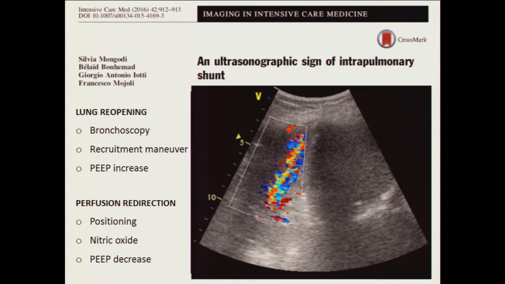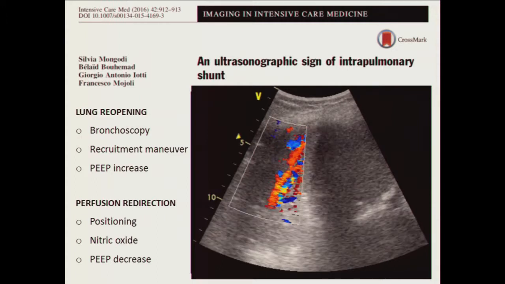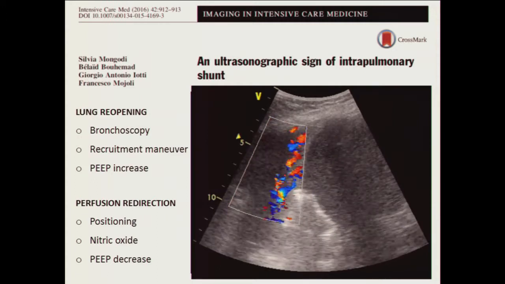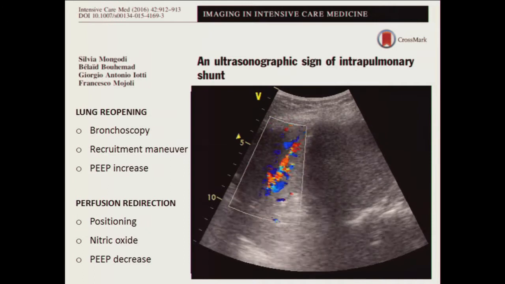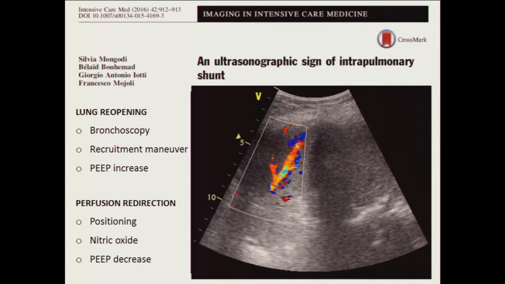And if you see a completely deaerated region of the lung, you can try to have a look within this completely deaerated lobe, for example, by switching on the color Doppler, and sometimes you can see very beautiful vessels, like in this case.